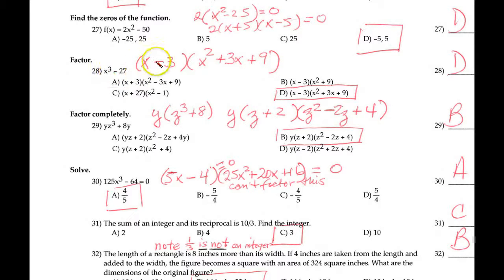Whatever sign is there goes there, and then the opposite sign goes there. The rest are all positive. So the cube root of that is x. The cube root of that is negative 3. And then we square this term, multiply these two together, and square this term, gives us that.